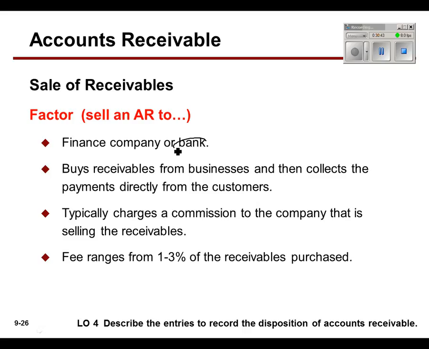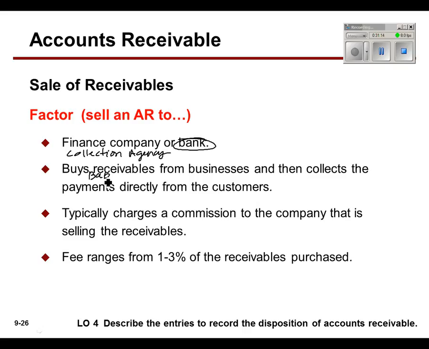Usually a bank or a collection agency, where they exist to go around and collect bad debt, knock on doors, find them in other countries, whatever they've got to do. What factors do is buy these bad receivables from businesses, and then they go collect the money.